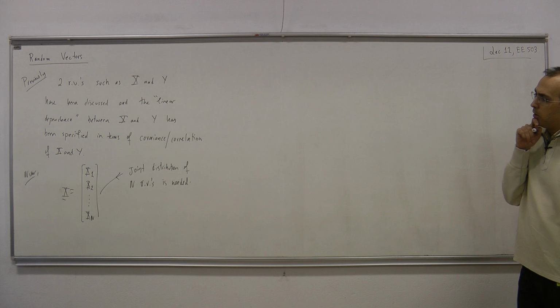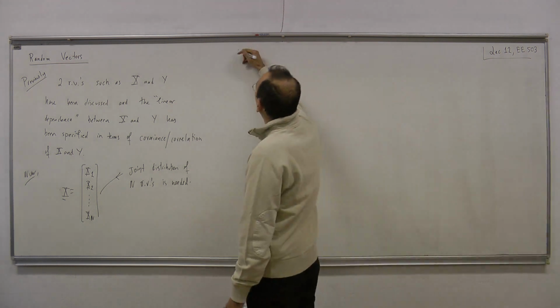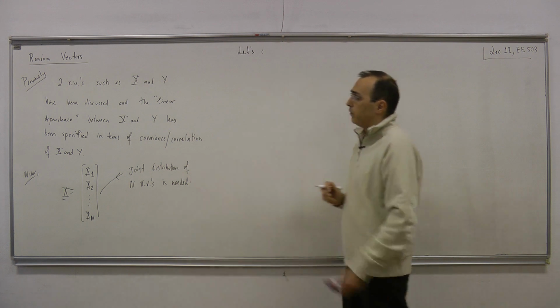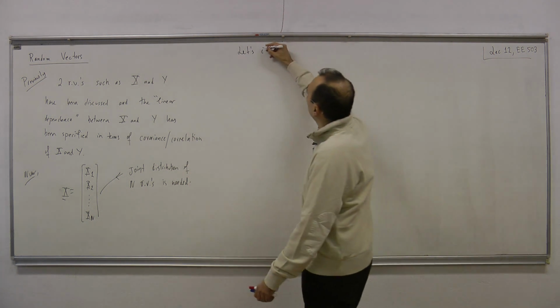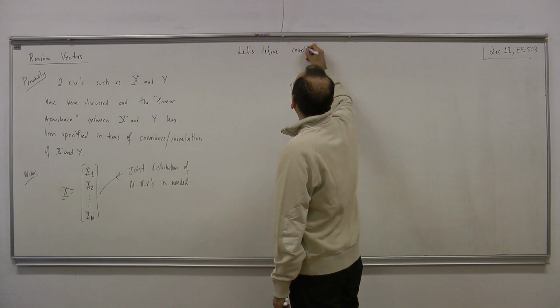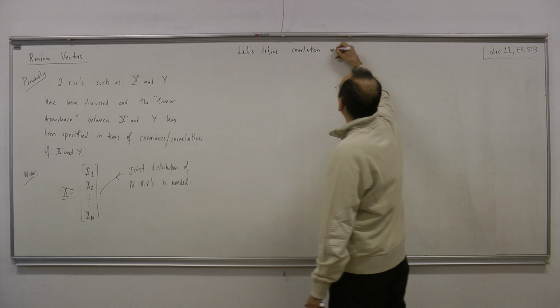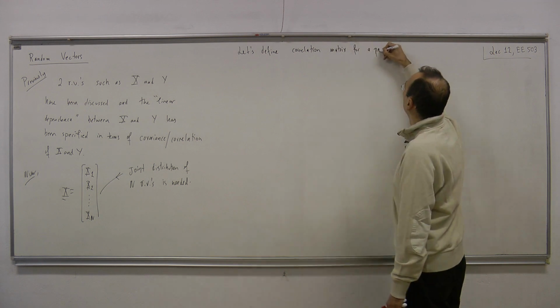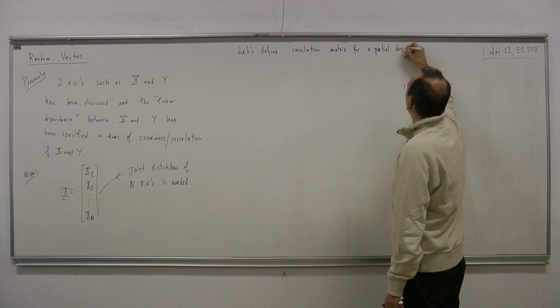Okay, so how about this? Well, this is difficult to achieve in many problems. So let's define a correlation matrix for a partial description.